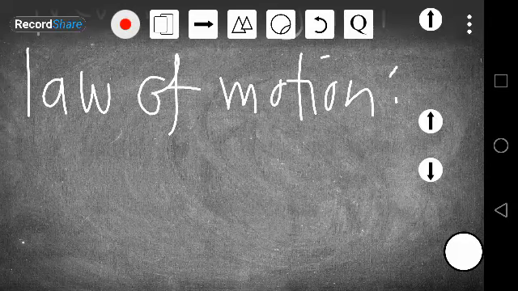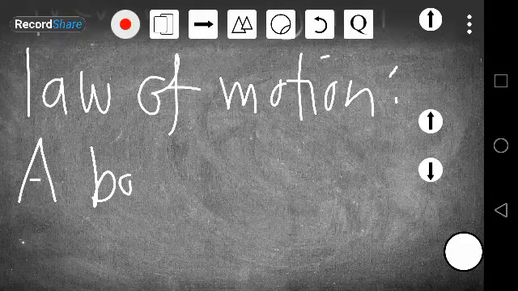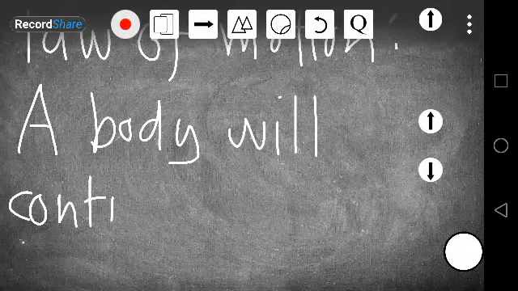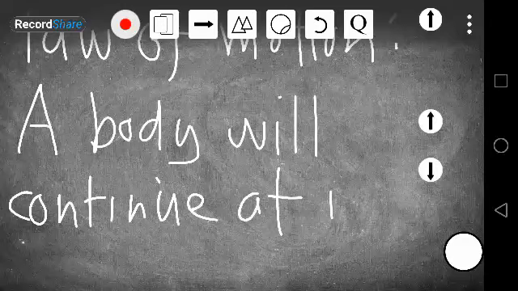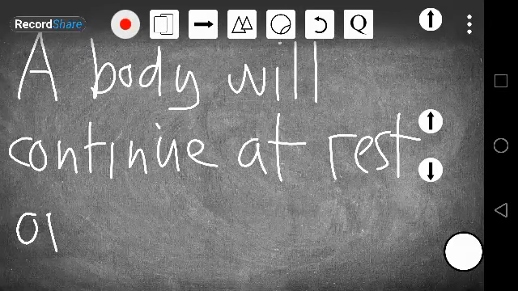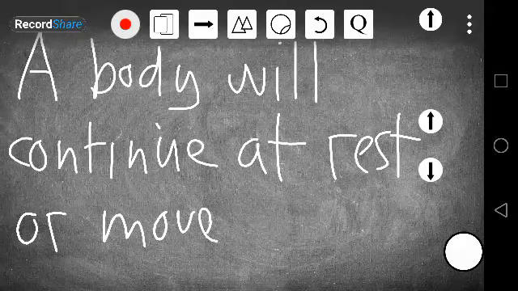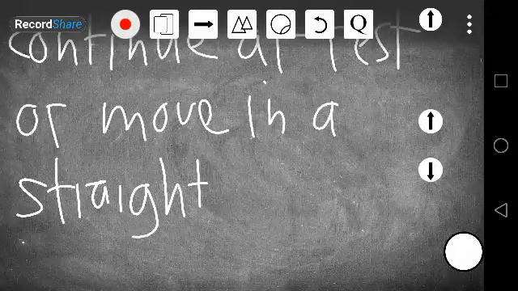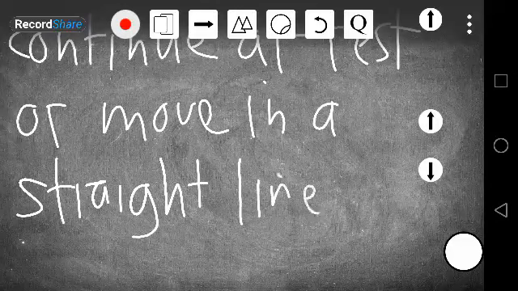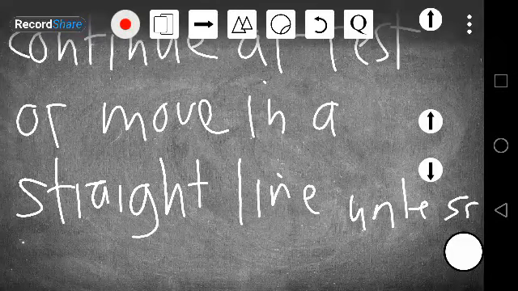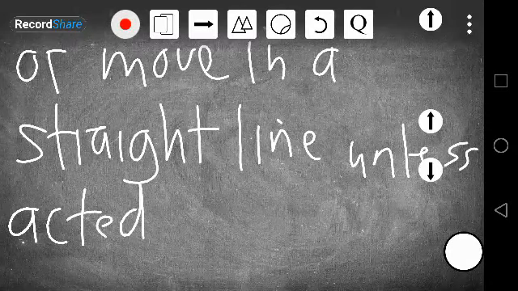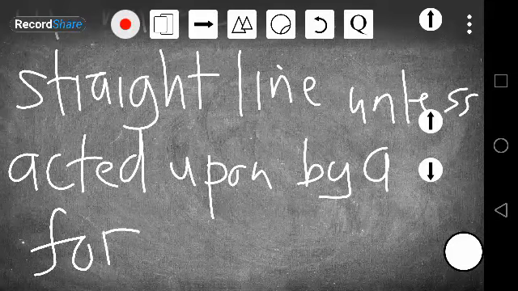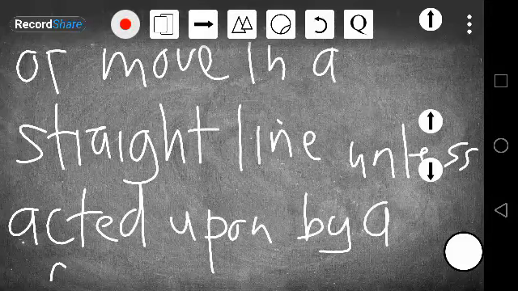The first law of Isaac Newton says a body will continue at rest or move in a straight line unless acted upon by a force, or unless a force acts on it, whatever you might want to name it.